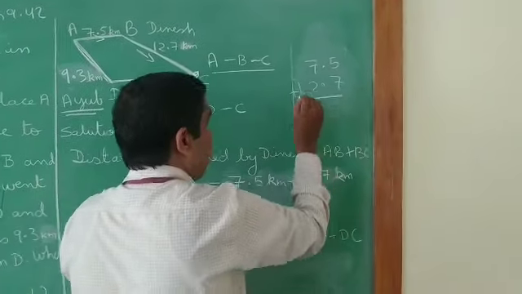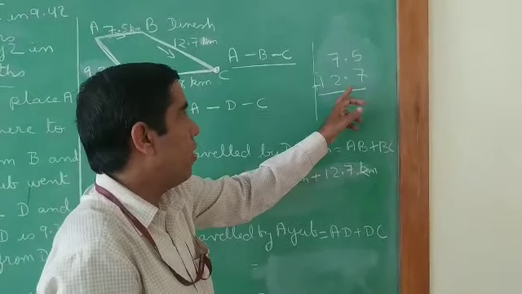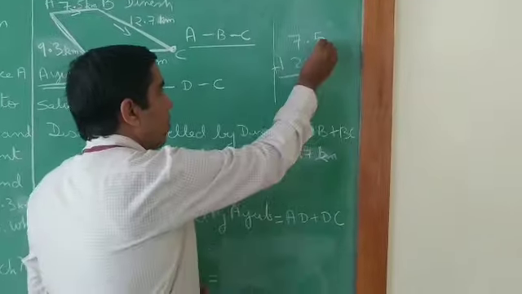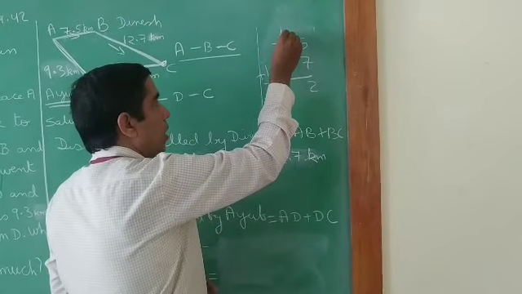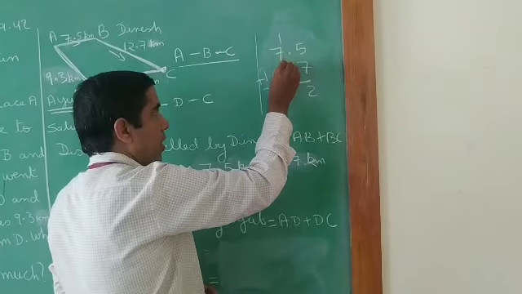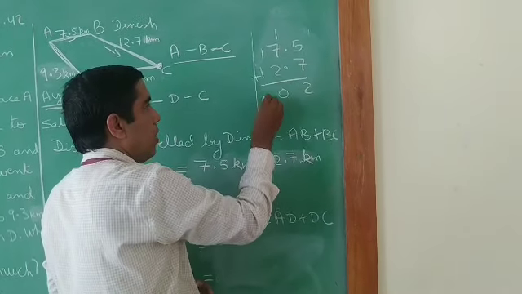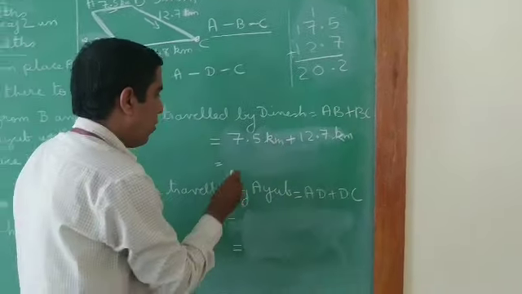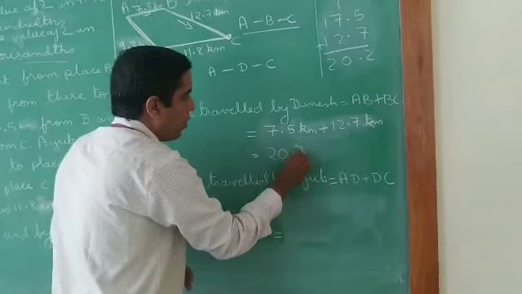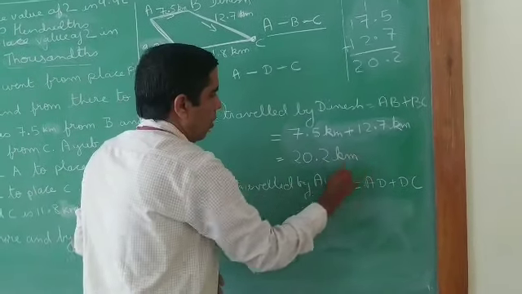When we do the addition of decimals, always decimal point should come below decimal point. So 5 plus 7, 12. 1 carry, it comes here 1 plus 7, 8, 8 plus 2, 10. 1 carry, it comes 20.2. So the answer is 20.2 km.